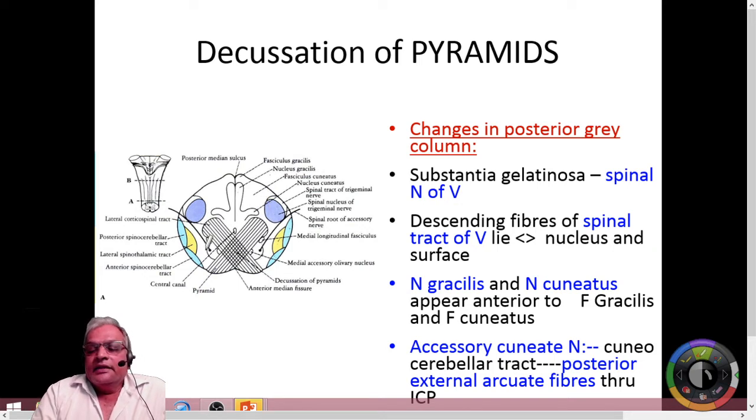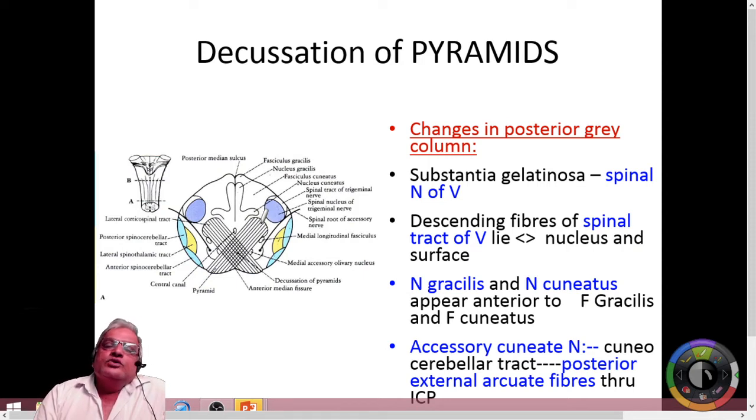Then the accessory cuneate nucleus, which gives the cuneocerebellar tract. The posterior external arcuate fibers pass through the inferior cerebellar peduncle to the cerebellum. So what is the equivalent in the spinal cord?